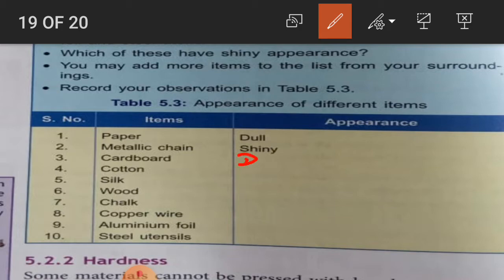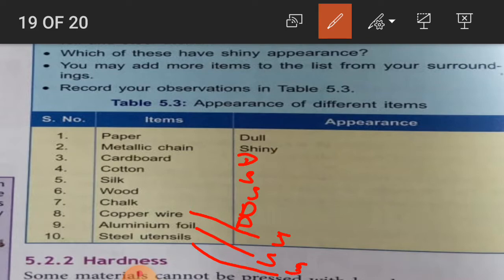Now the cotton has shiny appearance. Silk has a shiny appearance. Wood has dull appearance. Chalk has dull appearance. Copper wire is shiny. Now aluminium foil, it is also shiny, and steel utensils, they are also shiny.